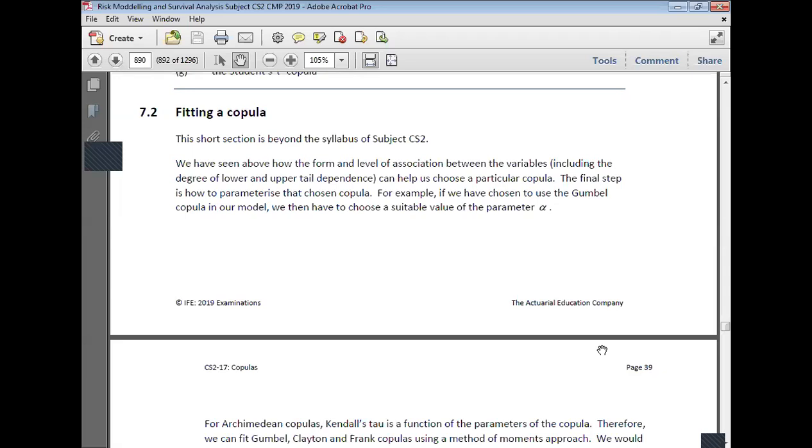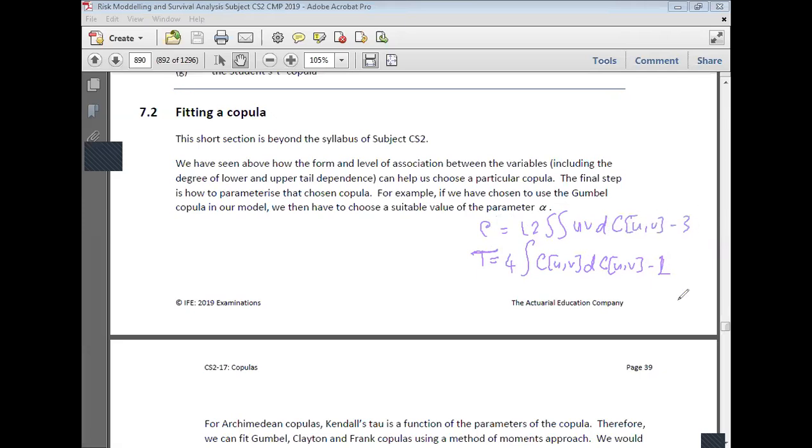So I think I should just write it. It's just for you to know that this is Kendall's tau. This is actually written in terms of the copula as the integral of C(u,v) dC(u,v), and you have a -1 here. And if you were to write rho, it will be something like double integrals of u, v dC(u,v), -3.